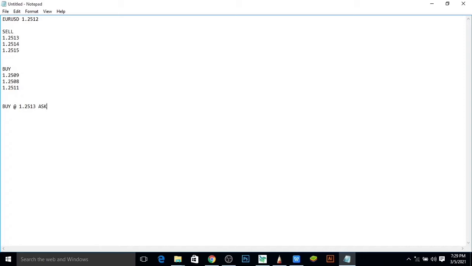So ask is the price at which you can buy a currency pair, right? So you have spot price, then you now have ask. Ask is the price at which you can buy a currency pair, and you usually get to buy a currency pair at the price of the lowest seller.